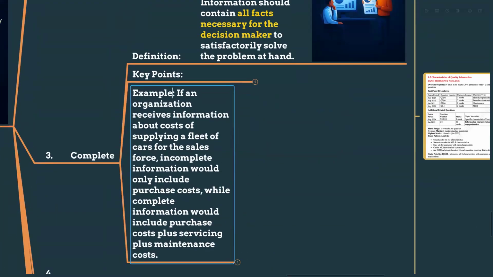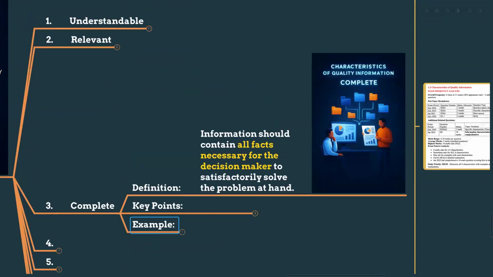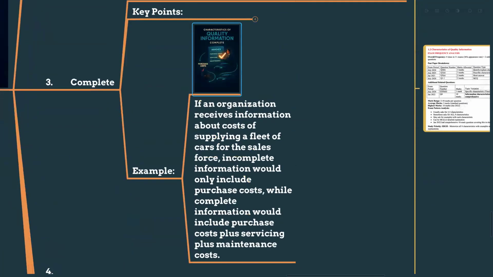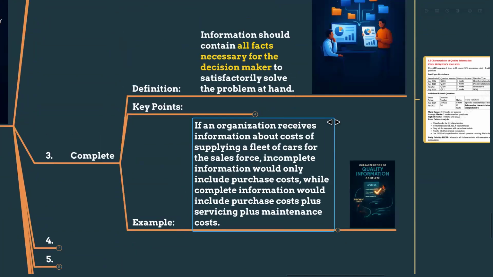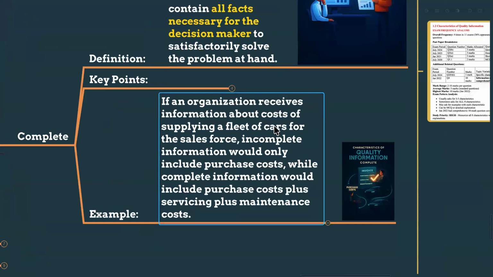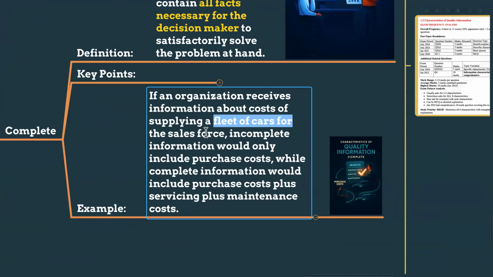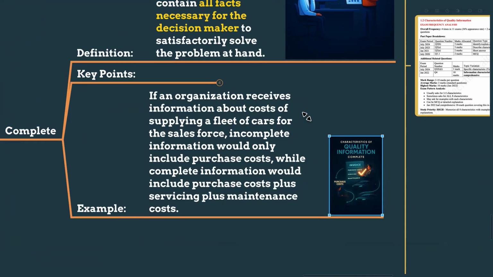So I'm giving you one example here. If an organization receives information about the costs of supplying a fleet of cars for the sales force, incomplete information would only include the purchase cost, while complete information would include the purchase cost plus servicing plus maintenance cost.